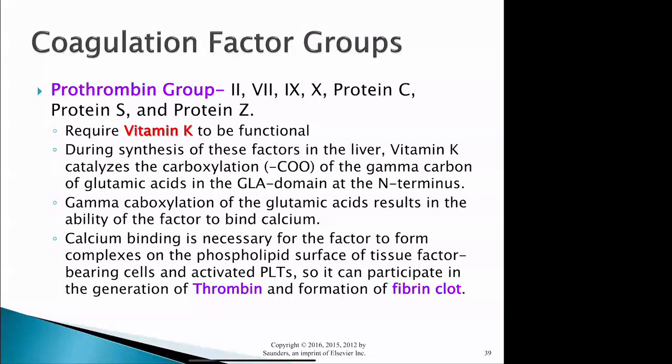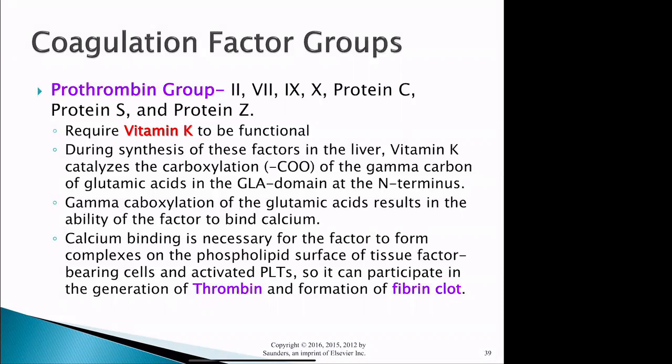So vitamin K in the liver has to come in to do the gamma carboxylation of the glutamic acid portions of these factors, so that they have the ability to bind to calcium. Without this ability, they are not functional, which means that if there is no vitamin K, these factors cannot be functional.